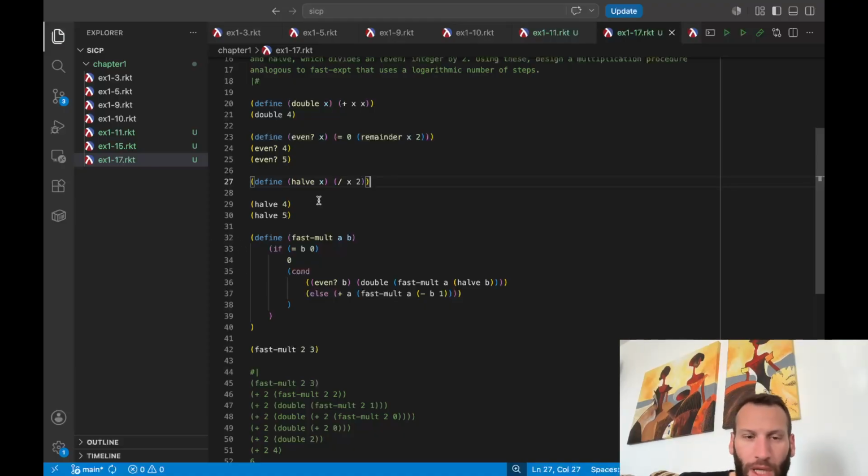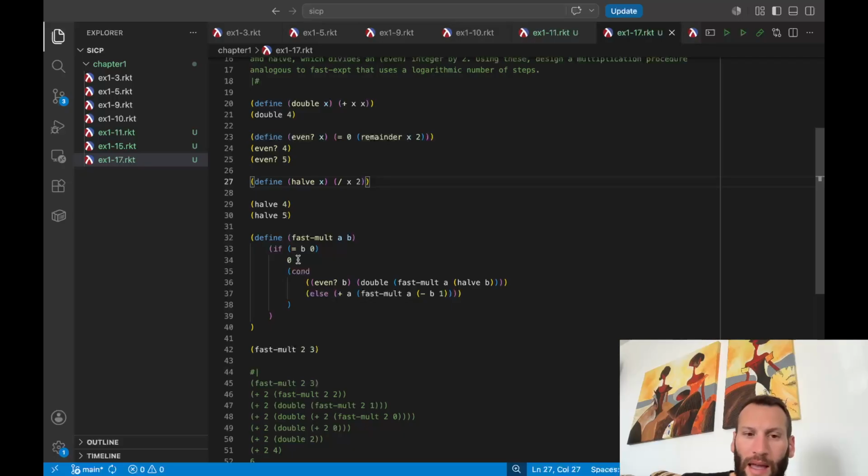Then I will check that everything is correct. Half doesn't need to make any check on x to understand if it is even or odd, because I have the condition in the fast-mult procedure. Fast-mult takes two arguments, A and B.